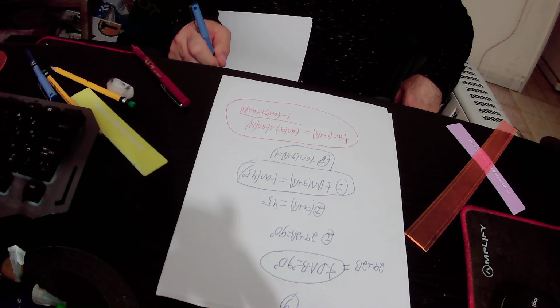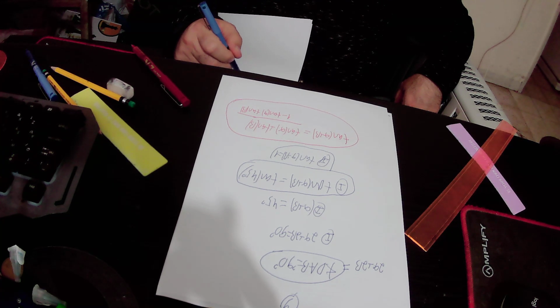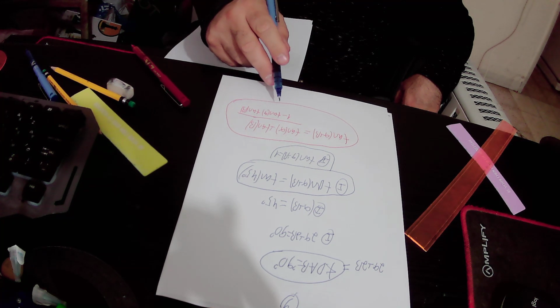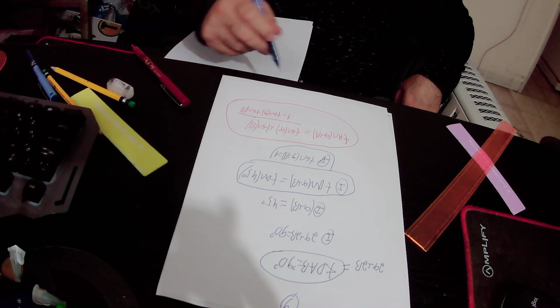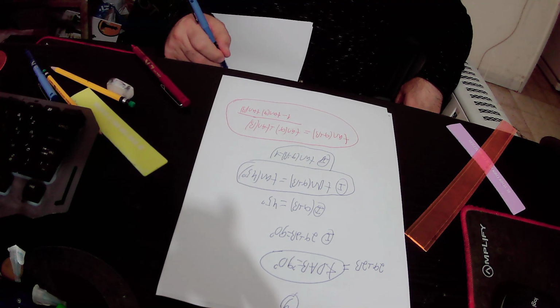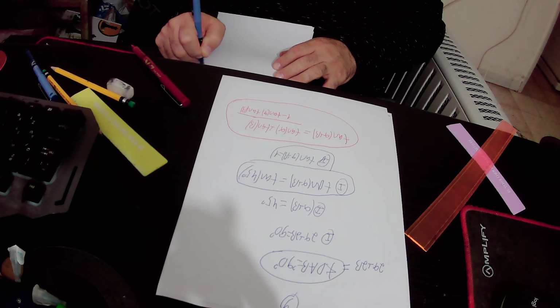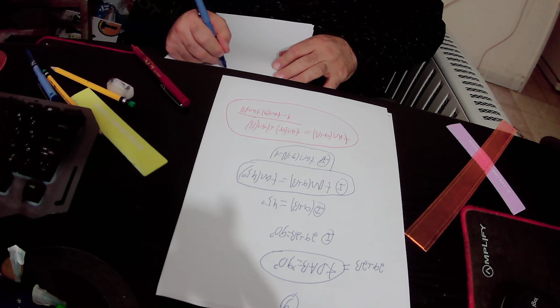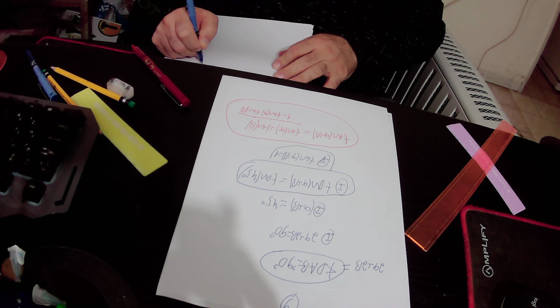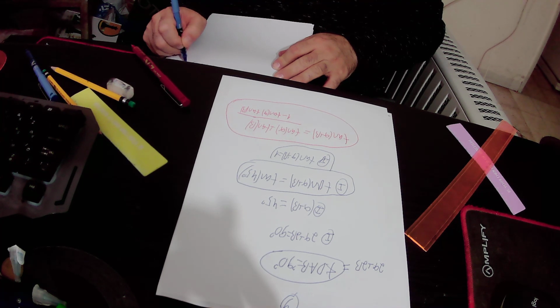So equation number 1 will be that instead of tangent of alpha plus beta, we will write down this expression: tangent alpha plus tangent beta over 1 minus tangent alpha times tangent beta, all equals 1.